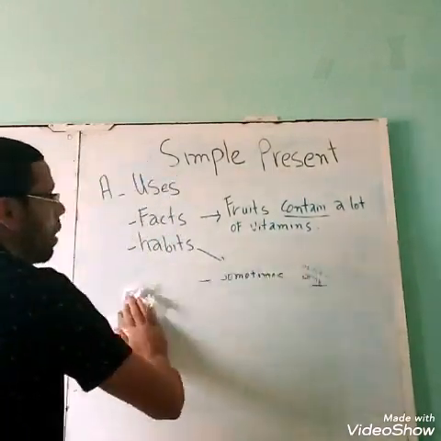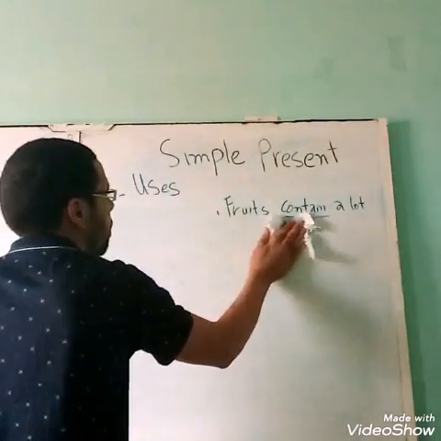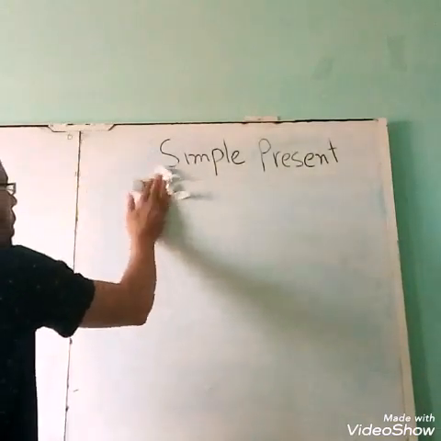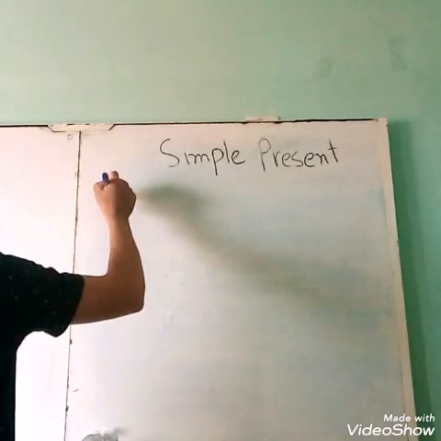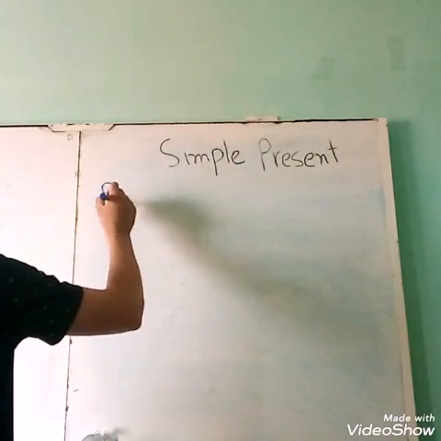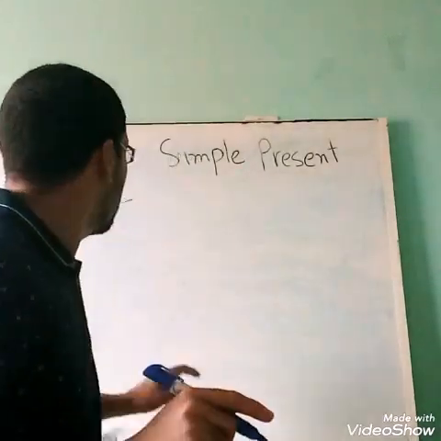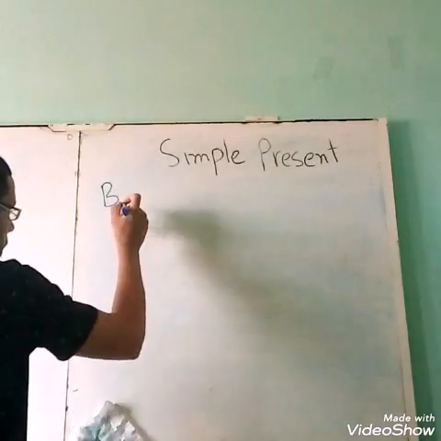Okay, now we are going to move to something very important, which is the form of simple present. Okay, the form. Concerning the form, we can say it's the form.